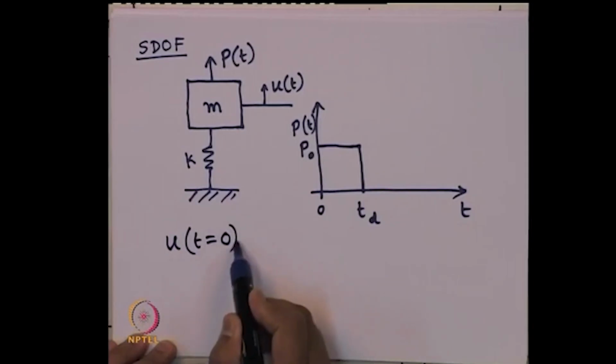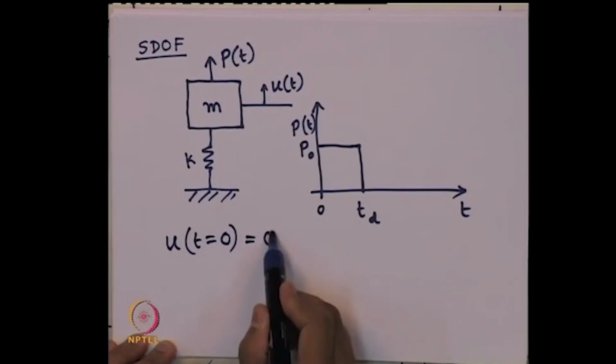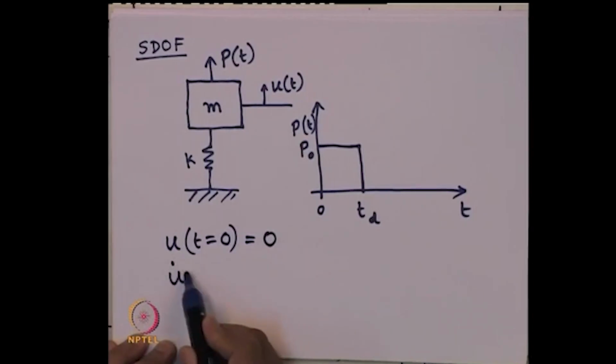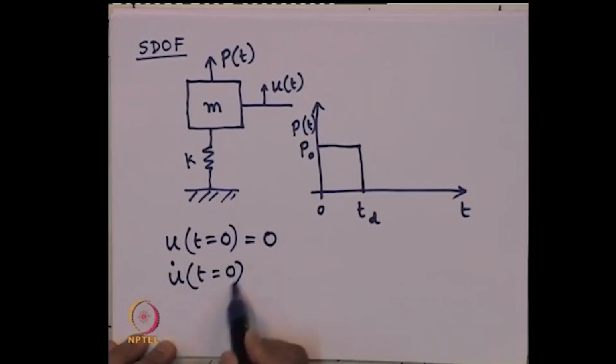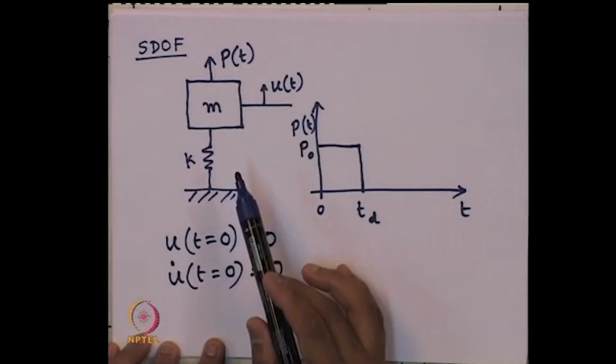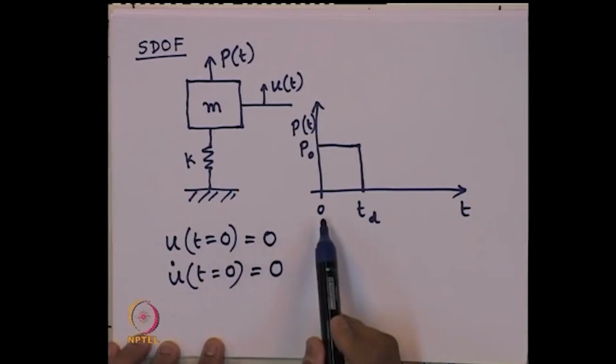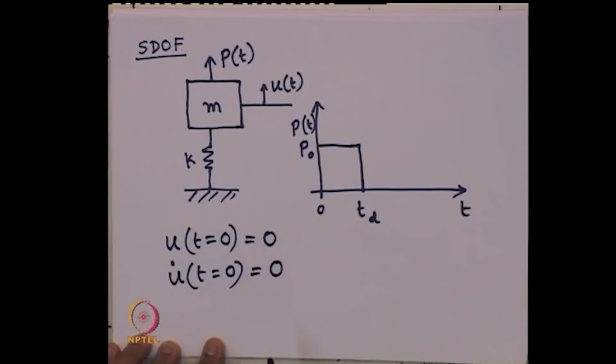Let us say u, the displacement at t equals 0, is 0, and u dot at t equals 0, that is the velocity at time t equals 0, is also 0. That is, I am considering a system starting from an absolutely stationary condition with 0 displacement and 0 velocity at the initial starting of the dynamic time t.